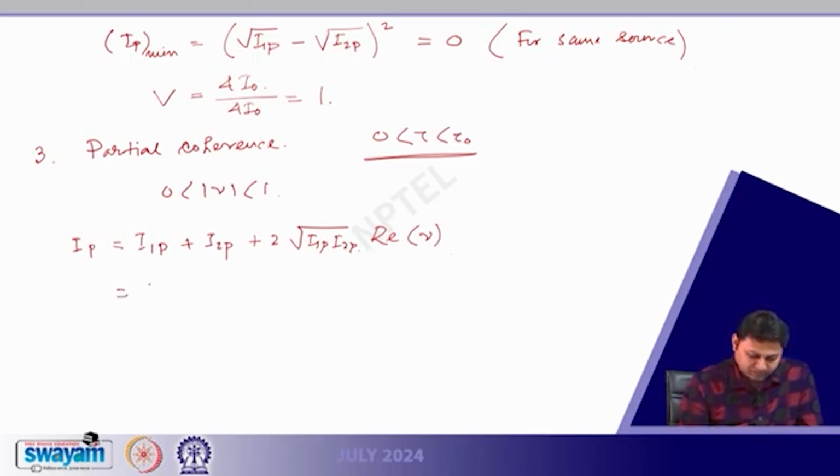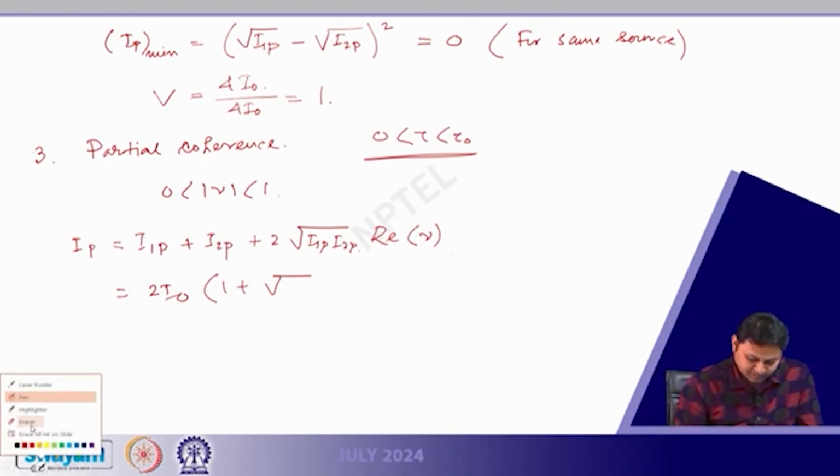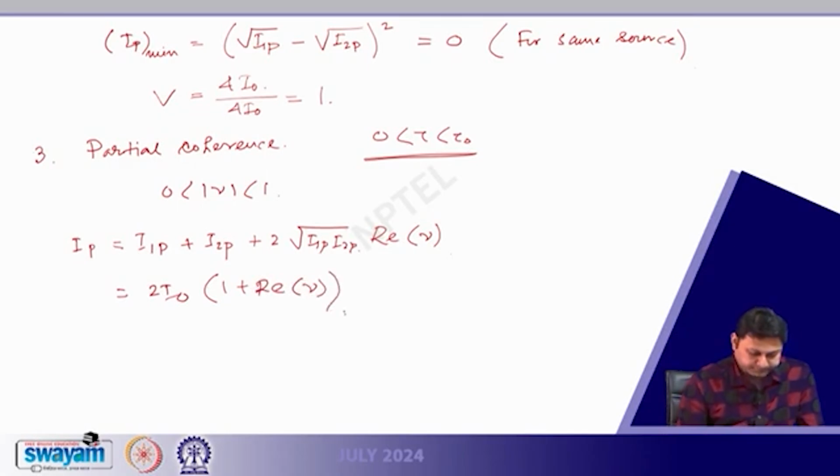For the same source, it is 2 I naught and then 1 plus the real part of gamma for equal beams.